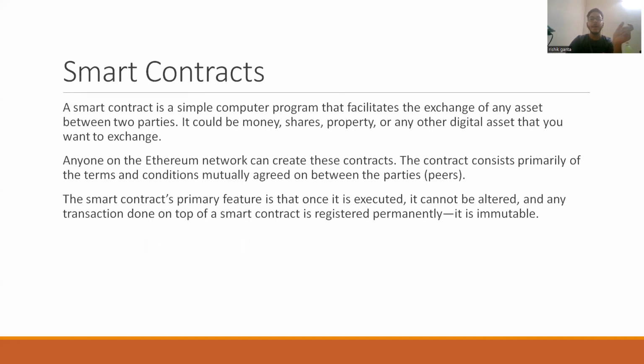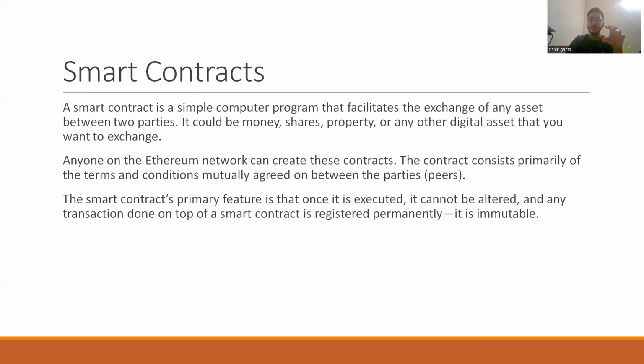Smart contract. A smart contract is a simple computer program that facilitates the exchange of any asset between 2 parties. The specified asset can be money, shares, property, or any other digital asset that one wants to exchange. Anyone on the Ethereum network can create these contracts.